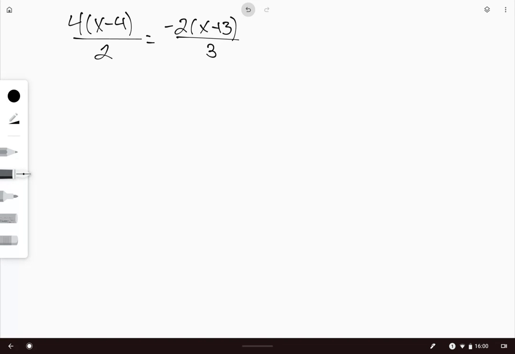All right, so the same thing I start with, I'm going to simplify first, which means I will distribute if I see parentheses, and I will also combine like terms if necessary.